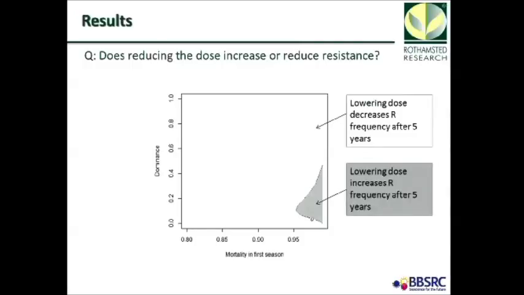And you can see that in the majority of this space here, lowering your dose decreases the resistance frequency after 5 years. Lowering your dose from 100% to 50% decreases your resistance frequency. Whereas in this small area down here, lowering your dose increases the resistance frequency.